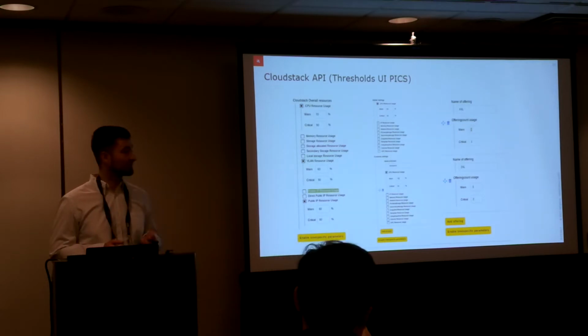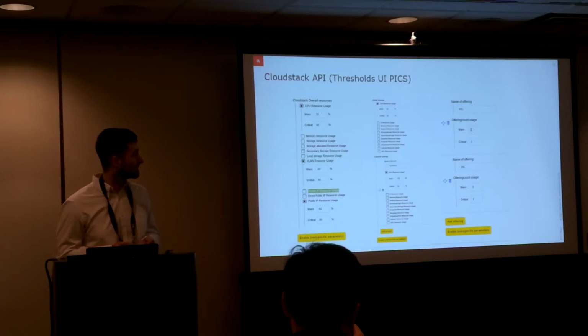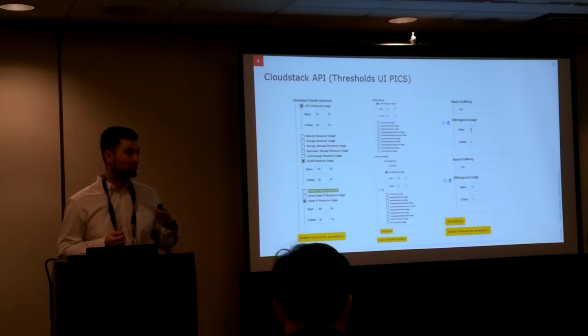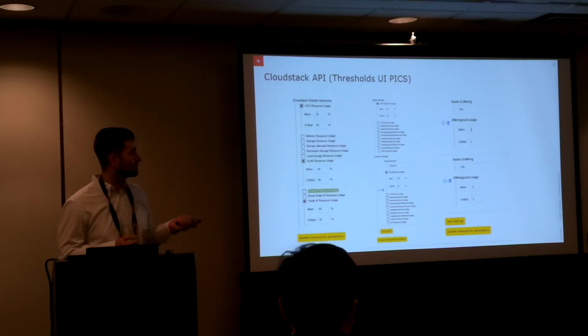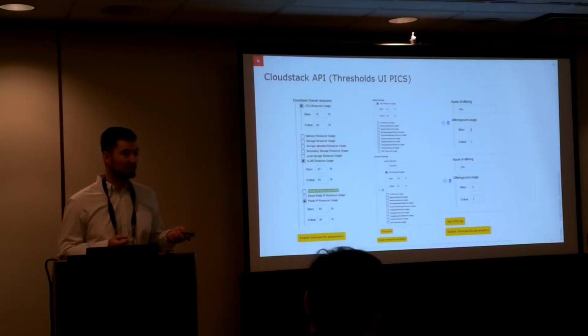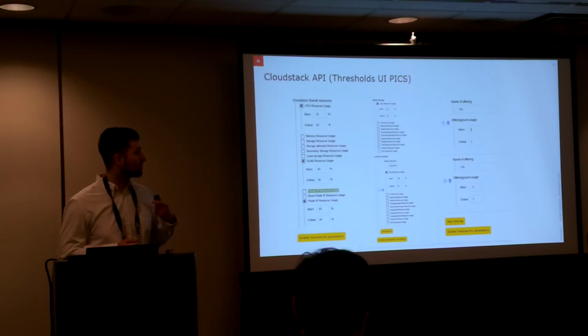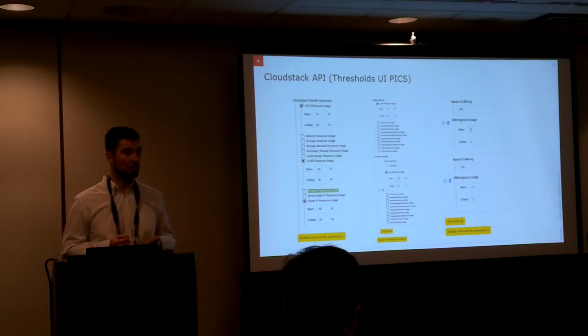So you can also define specific thresholds for specific offerings. For example, here we want to receive a warning message when we have reached 5 deployments of our XXL offering, and we want to receive a critical mail if we reach the threshold of 1 deployable XXL offering.